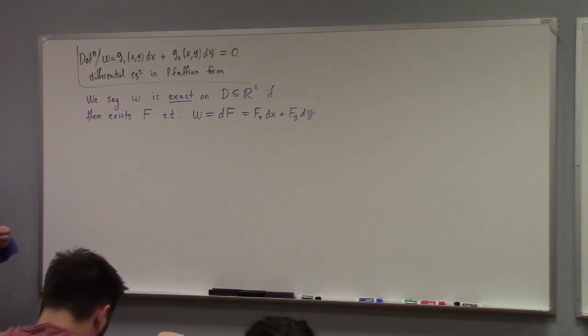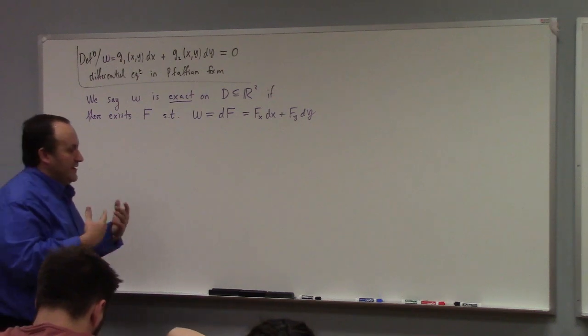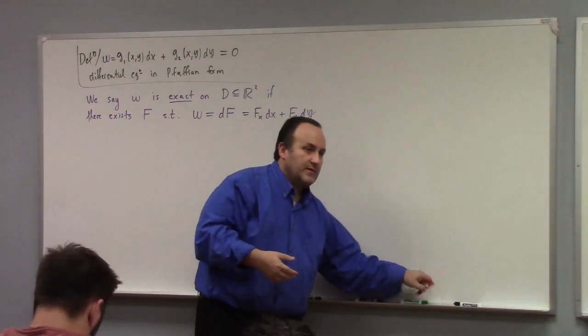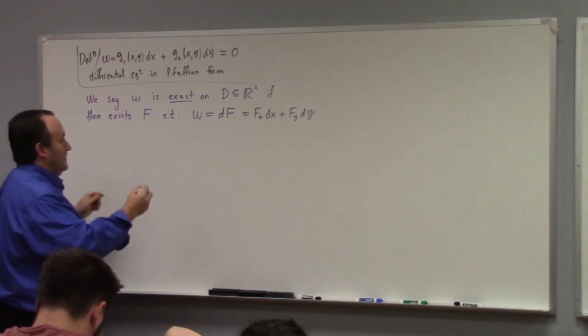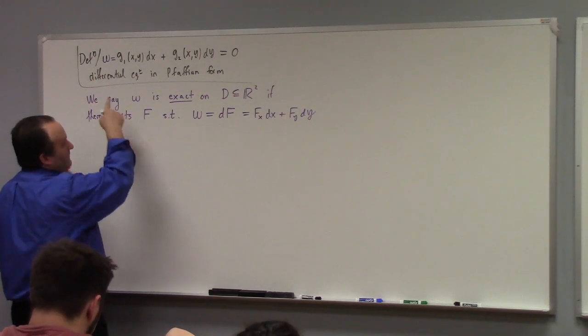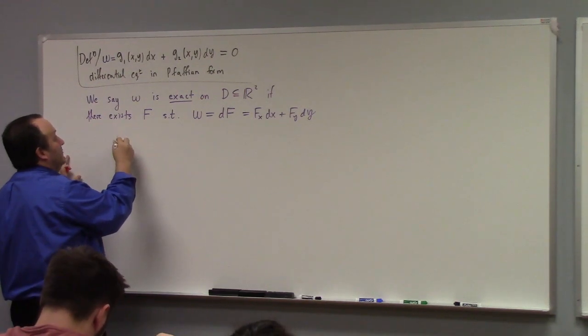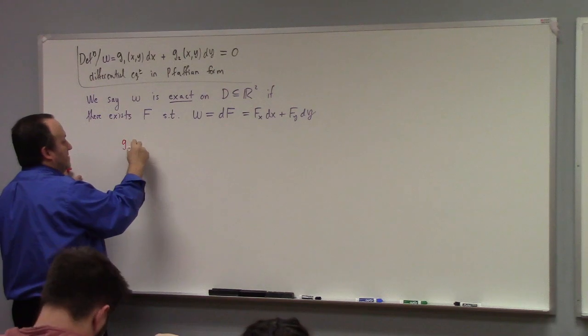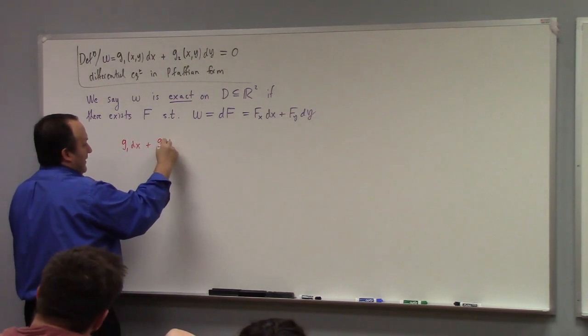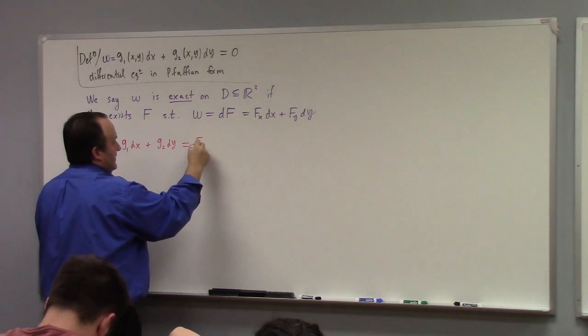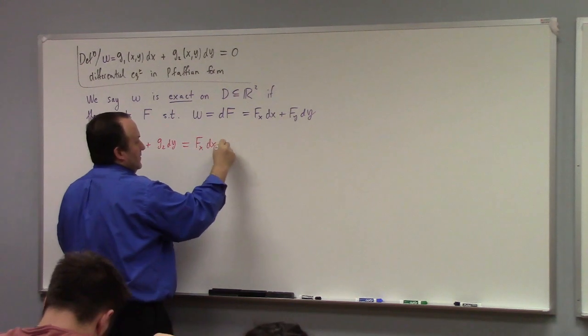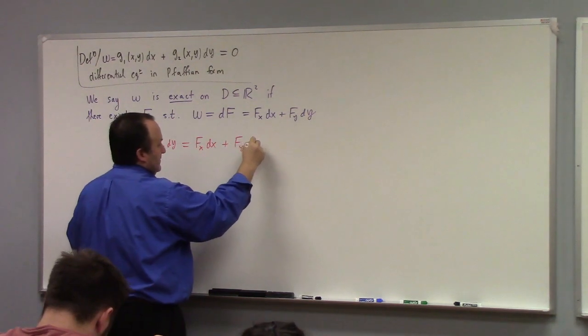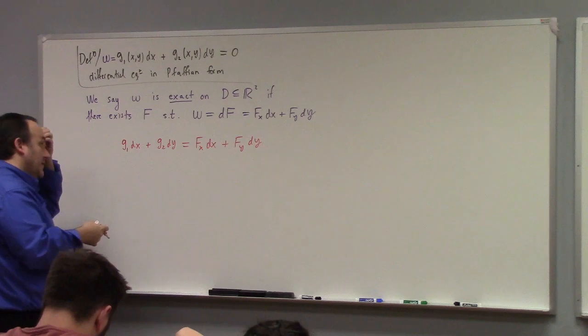What does it mean for this differential form to be exact? What equations have to hold true? In my definition, we would need g1 dx plus g2 dy is equal to fx dx plus fy dy, okay? That's what would have to be true.